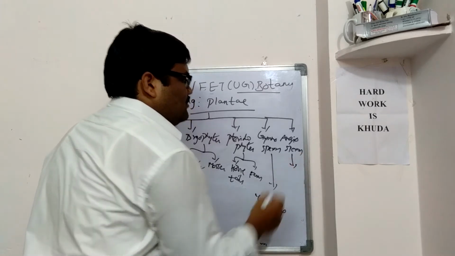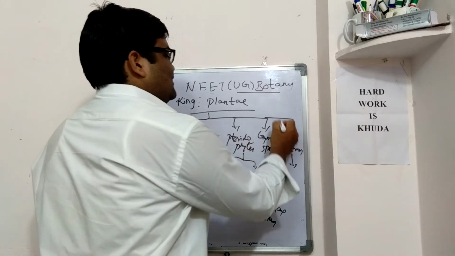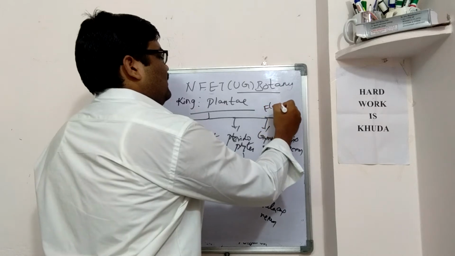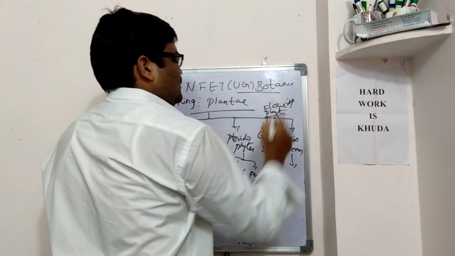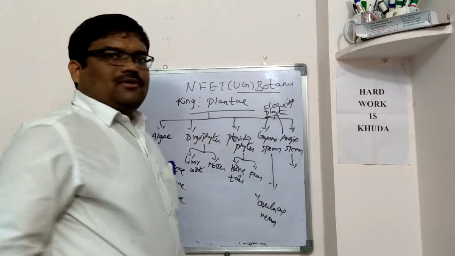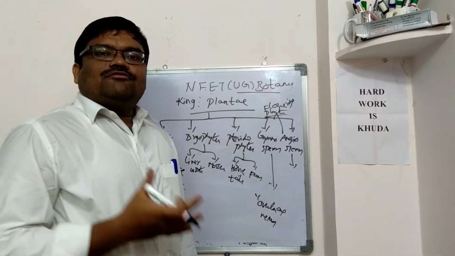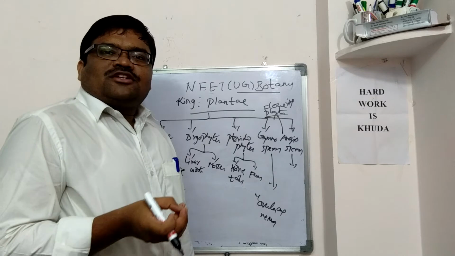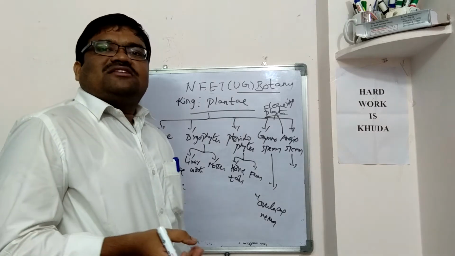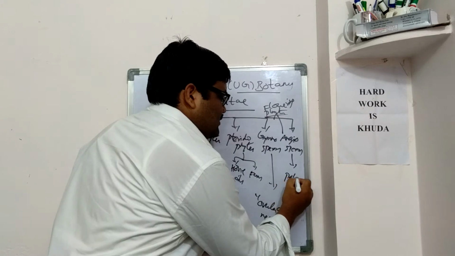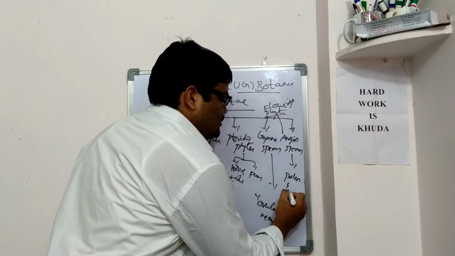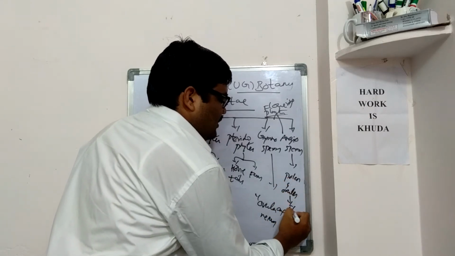Plus angiosperms is what we call flowering plants. Here, unlike gymnosperms, pollen grains and ovules are enclosed in specialized structures called flowers, and seeds are present in the fruit.